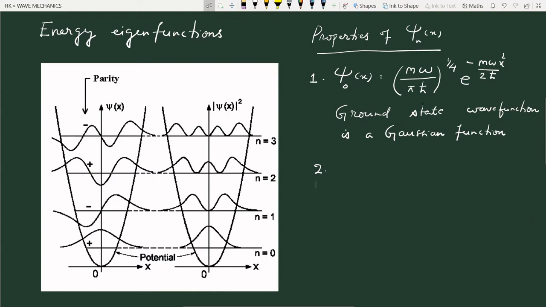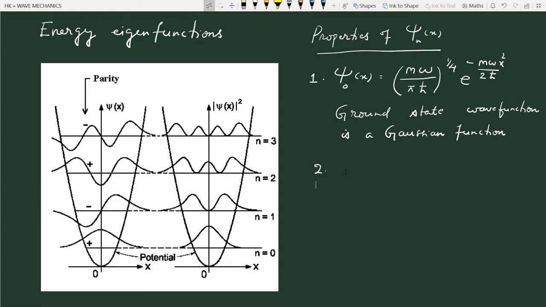It is a very characteristic property of the linear harmonic oscillator. M omega by pi h cross raised to 1 by 4, that's the normalization constant. E raised to minus m omega x square by 2 h cross. M is the mass of the oscillating particle, the harmonic oscillator, and omega is the angular frequency.